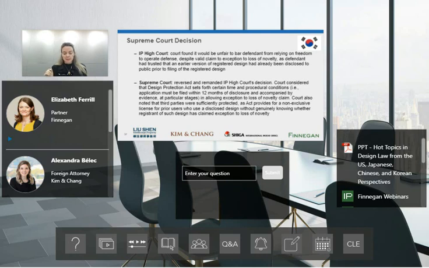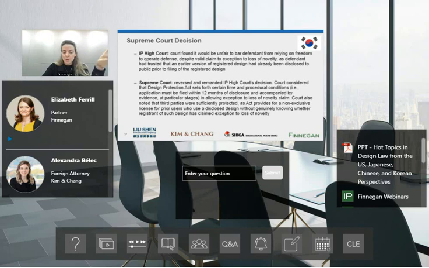And in its ruling, the Supreme Court considered that, in fact, the Design Protection Act provides certain conditions under which you can claim the exception to lack of novelty. So notably, you need to file the application within 1 year from the disclosure, and you should also submit a supporting document.